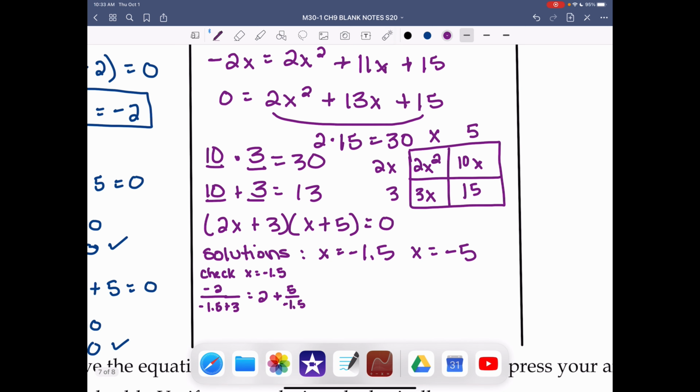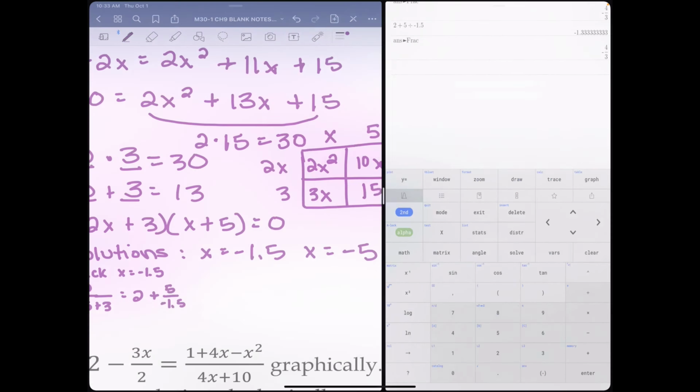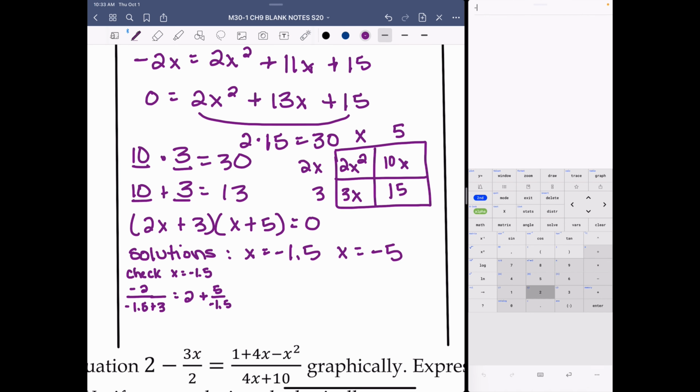Let's calculate. Negative 2 divided by bracket negative 1.5 plus 3, close bracket, gives us negative 1.33. Change that to a fraction. Math, enter, enter. Negative 4 over 3. And then 2 plus 5 divided by negative 1.5 gives us the same thing. Math, enter, enter. Negative 4 over 3. So that one works out.